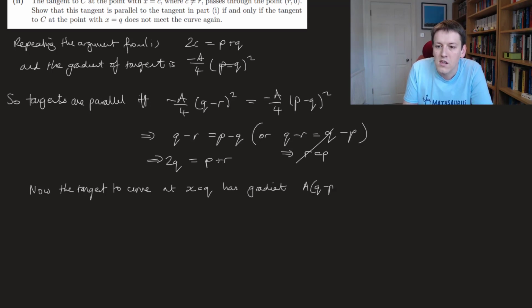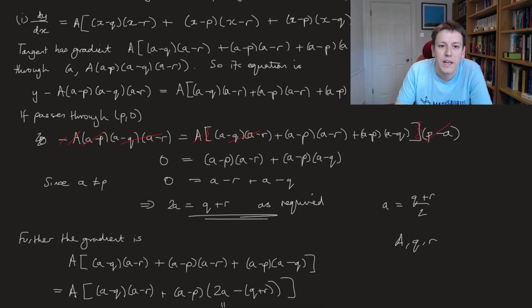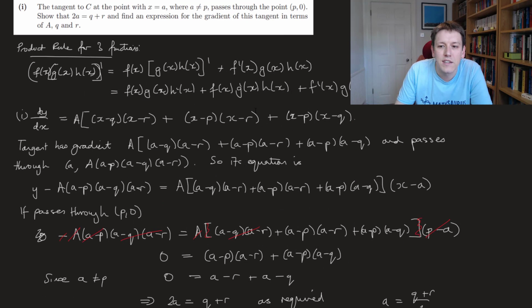Okay, and this is just using the result that we have for the gradient here, right? If I put in q to this, oh, I missed a square bracket there, then this term is 0, this term is 0, and I'm just left with this one.